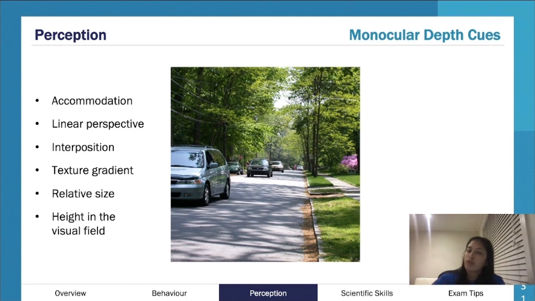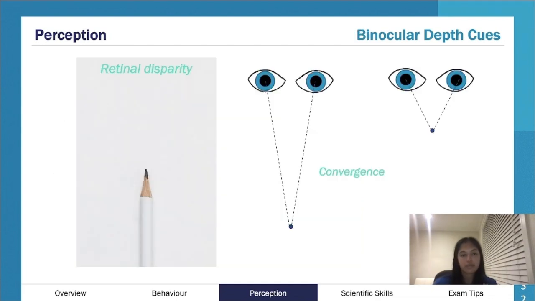Whereas if you look a little bit further in front of you, you can make out it's all yellow, but you can't make out individual grains of sand because it's further away. So it's that idea of texture gradient. Things that are closer to you, their texture is more visible, whereas when they're further away, everything just sort of blurs into one.